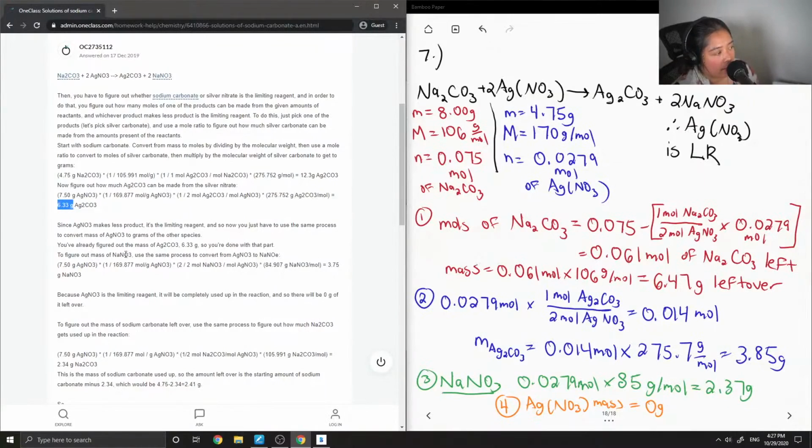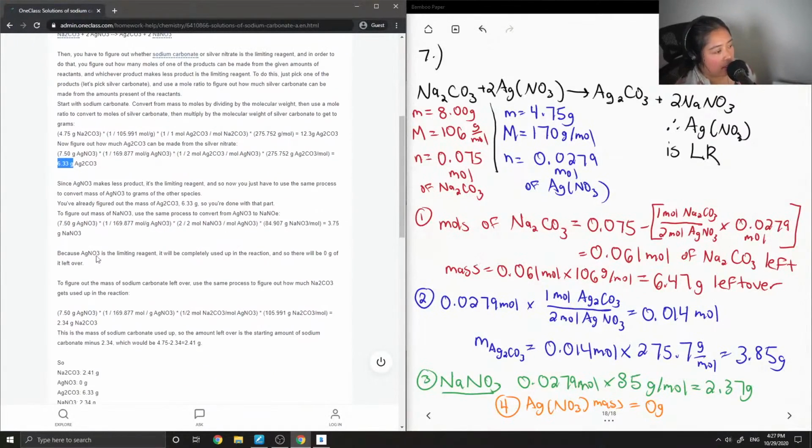And then they calculated the mass just by doing the same thing. They got around 3.75 grams of sodium nitrate. So again, it's just because they have different values of the molar mass, but it's basically the same. 0 grams left over.